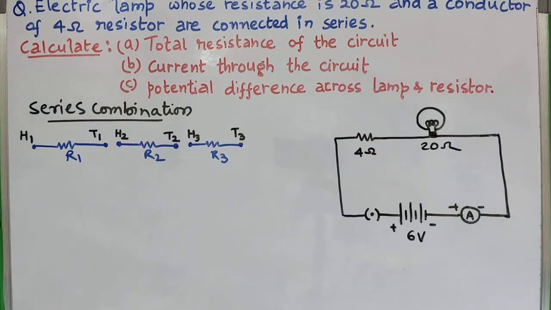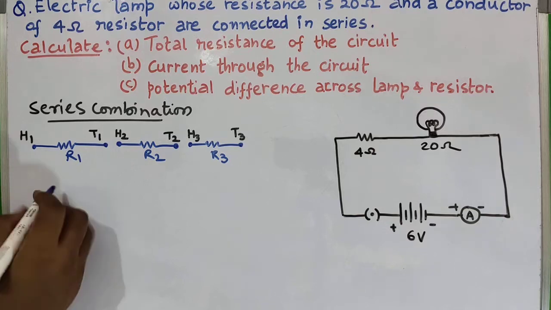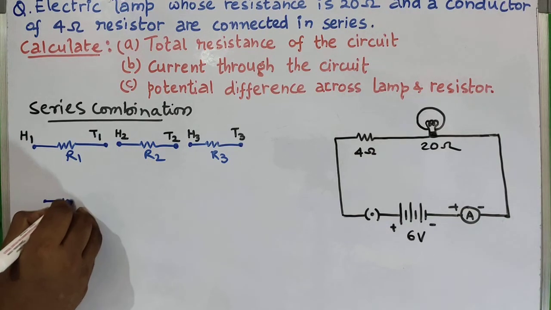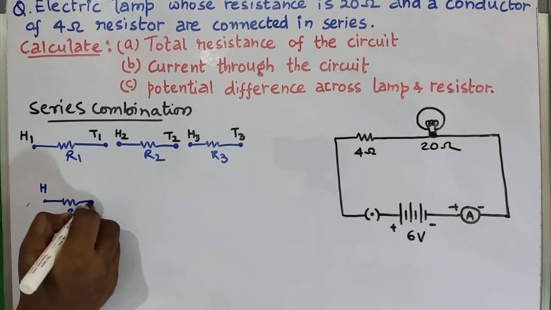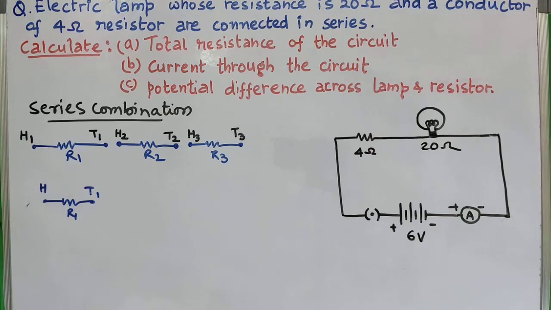So in series combination, all the resistors are connected end to end or one after the other like this. So first let me take the R1 resistor. So this is the R1 resistor. This is the head of R1, H1, and this is T1.